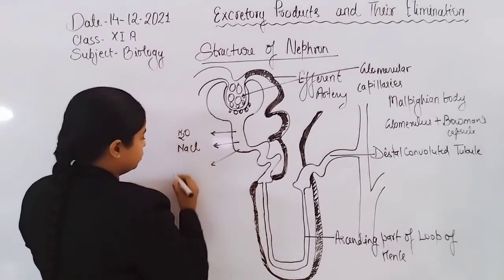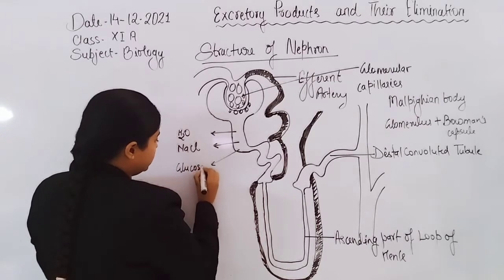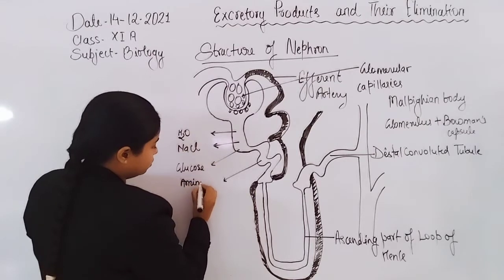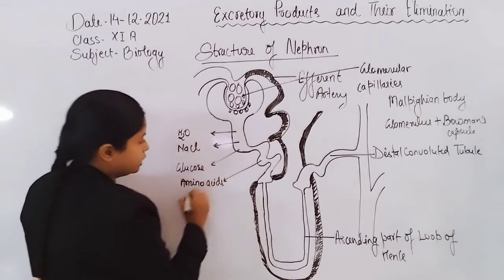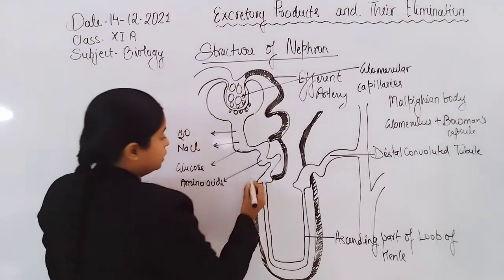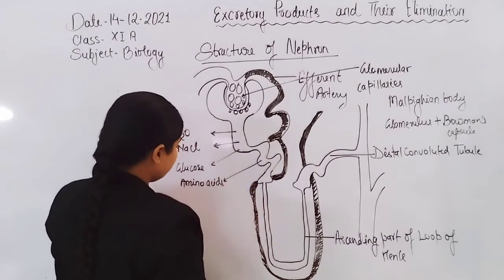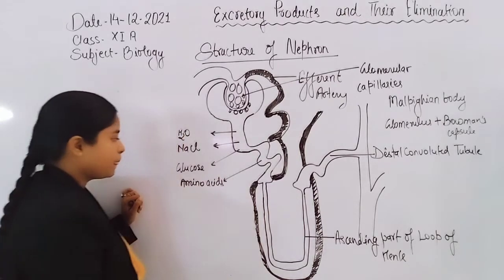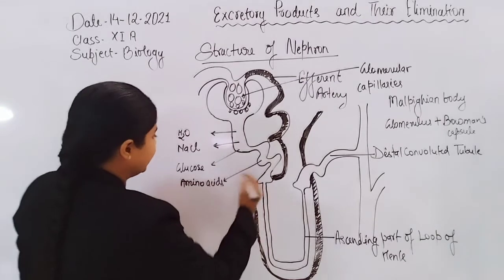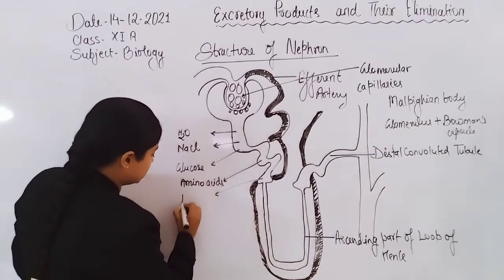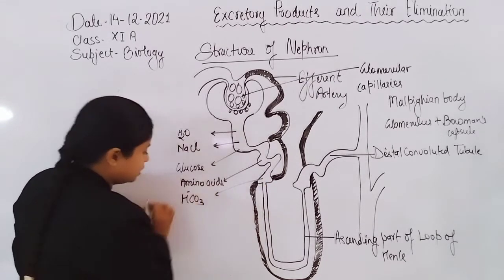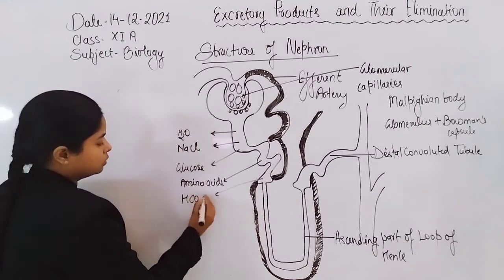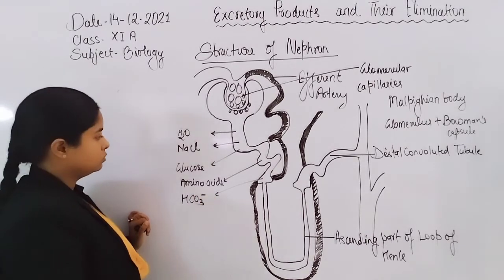Now the glucose molecule is reabsorbed, and amino acids and bicarbonate ion, HCO3 minus, are also reabsorbed by the PCT.